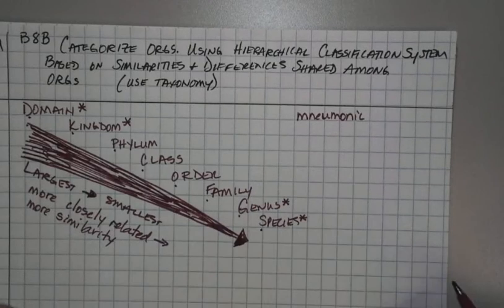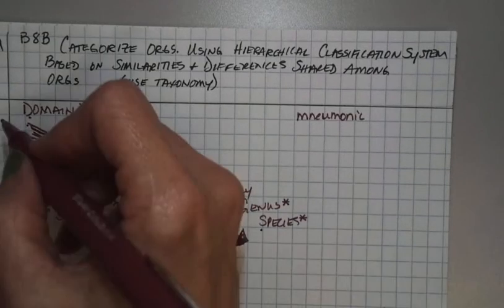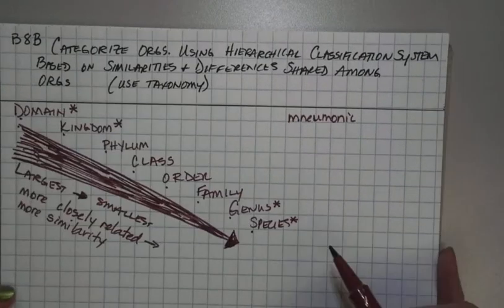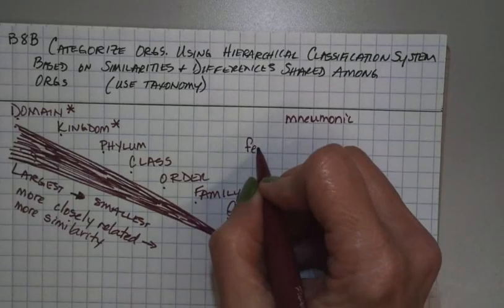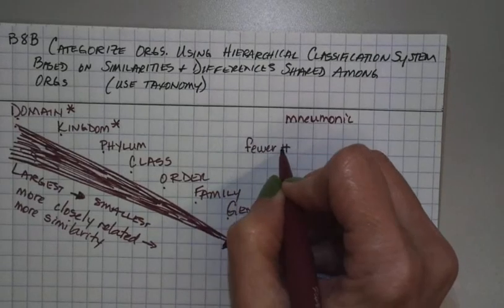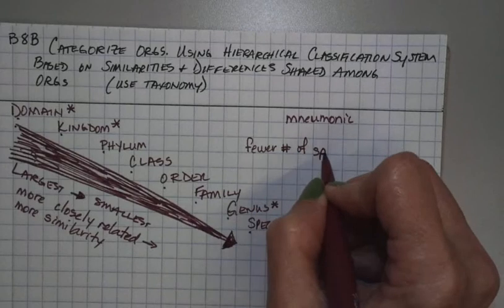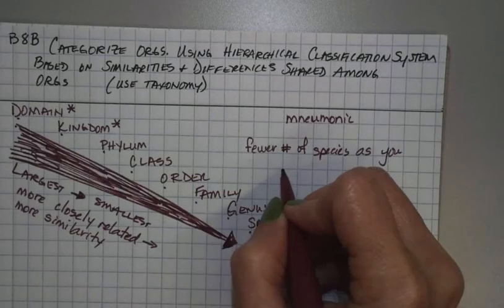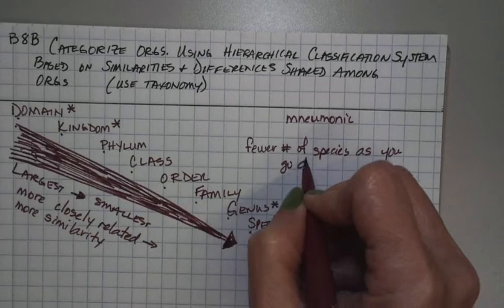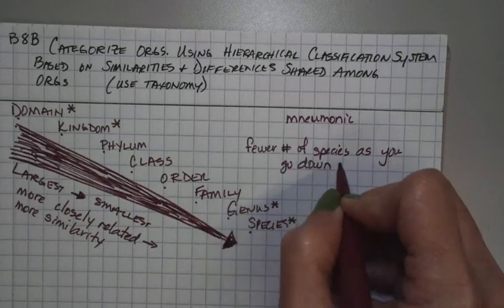As you go down this arrow, there are fewer number of species. That's a really big deal. Fewer number of species as you go down that list. Okay?